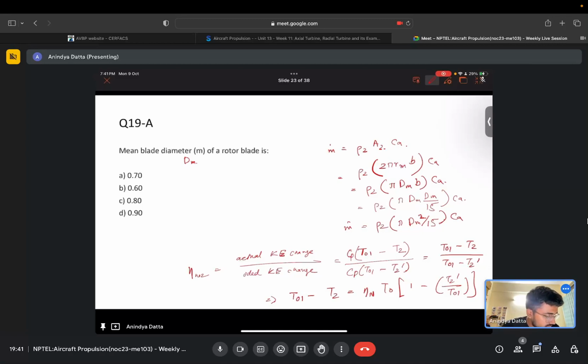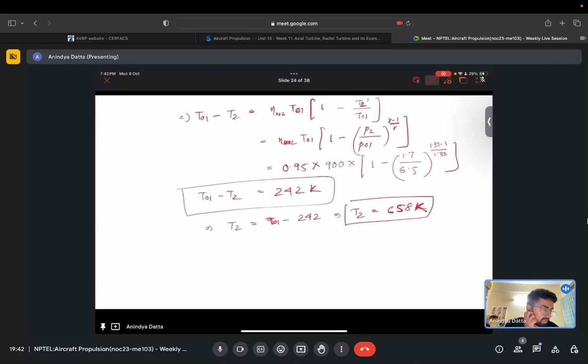Then we represent that in terms of temperature differences, writing the isentropic exit temperature divided by the total temperature. That we can write in terms of the isentropic relationship with the pressure ratio, and then we get the actual temperature difference.